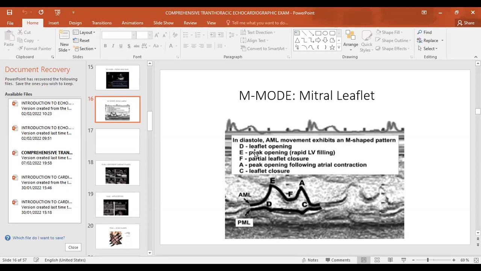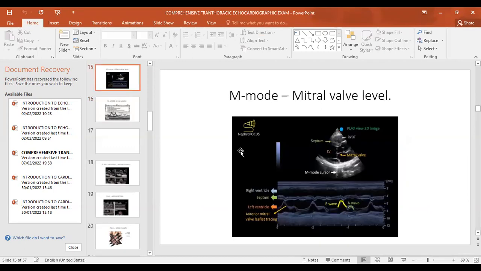This one, E, is the peak opening, and this one follows the atrial contraction. These are the two that we pick. That's why you are going to notice when we do the EA ratio, we want to quantify the diastolic dysfunction. What is diastolic dysfunction? This is when we want to see if this left ventricle is able to relax.